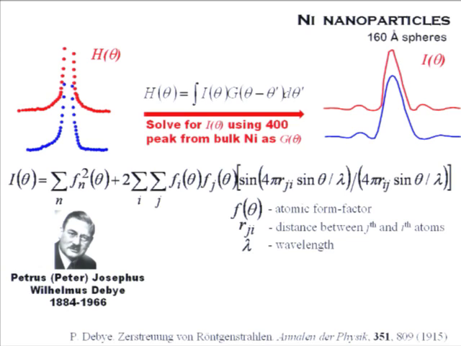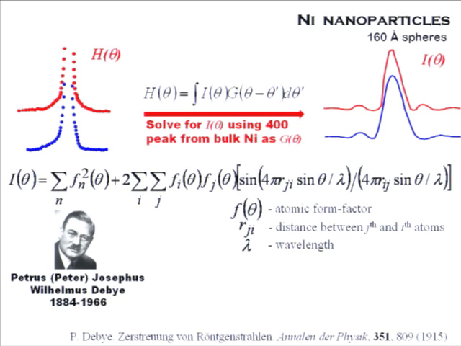In 1915, in this wonderful paper written in German, he derived this very simple and elegant equation, using which you can calculate each point in a powder diffraction pattern using just atomic form factors in the case of X-rays, or neutron scattering lengths in the case of neutrons, and distances between all the atoms in the scattering domain, and of course the wavelength is also included there.